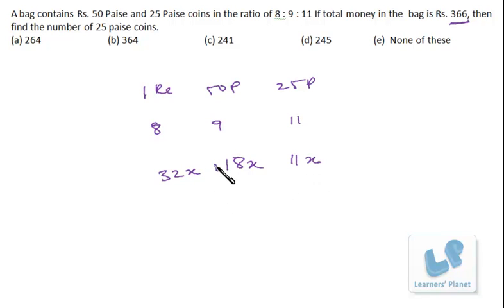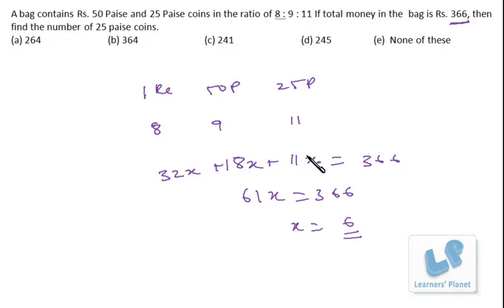So 32x plus 18x plus 11x is 366. So 61x is 366, so x will be 6. Now I have to find out the number of 25 paisa coins.